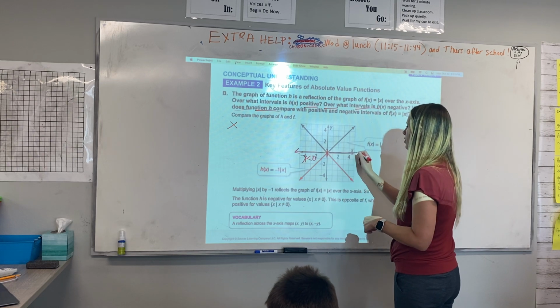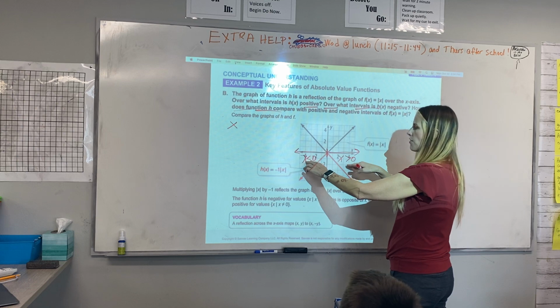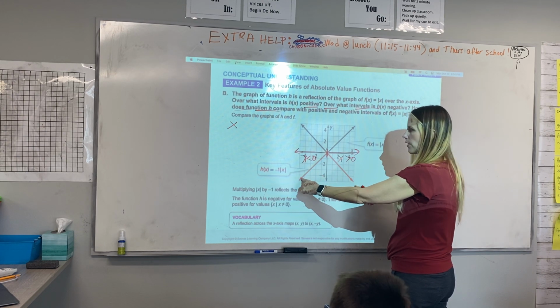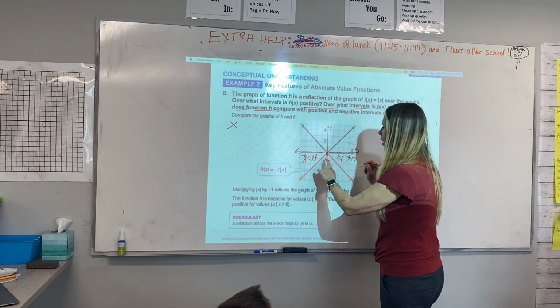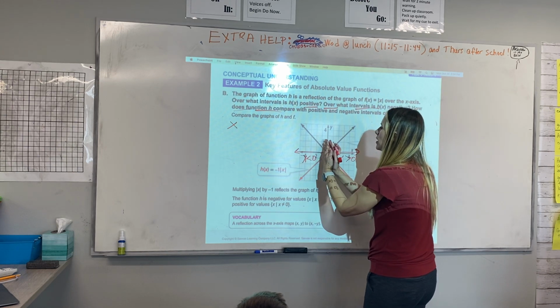And this is all the values greater than 0. These are the intervals that cause the y coordinates to be negative. This 0 on the x causes the y to be 0, which isn't negative, which is why the intervals are separate.